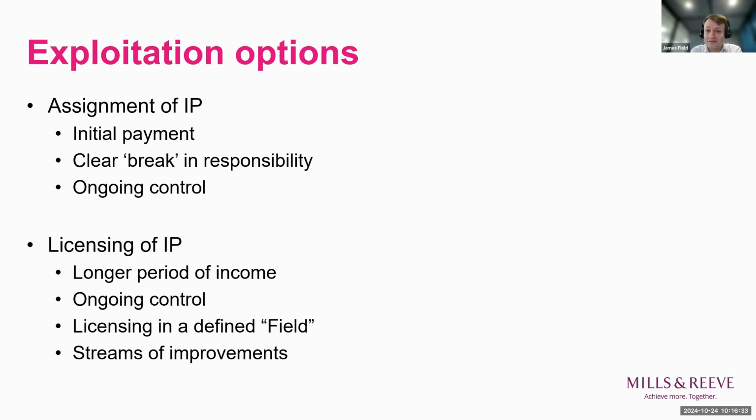It might be able to do that directly, or, for example, through licensing with other parties that have greater expertise in whatever the other field is that you're looking to exploit in as well.